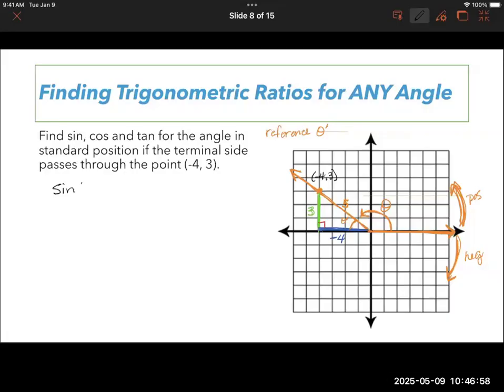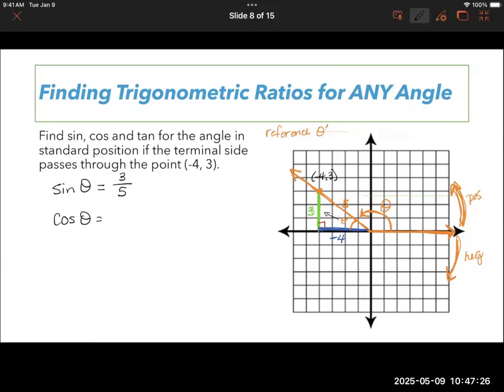Now, I'm not going to write theta prime here because theta is what I'm originally looking for. And as I just said, whatever trig values work for theta prime work for theta. So I'm going to say the sine of theta is equal to my opposite over the hypotenuse. So that's going to be positive 3 over 5.